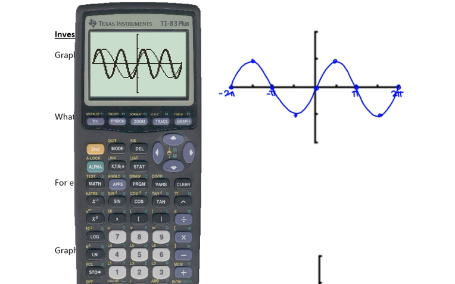So if we think about it this way, in 2 pi, normally how many rotations do we have? What's our period of a regular sine graph? Right. So it has 1 rotation in 2 pi. Now, how many rotations does it have in 2 pi? 2.